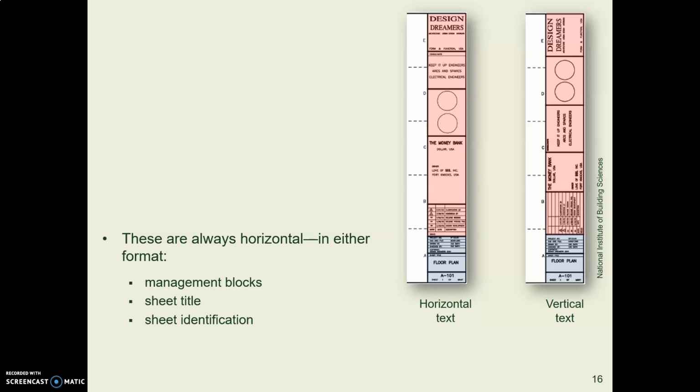There are, however, several blocks that have to be horizontal, whether you're going horizontal or vertical in the rest of it. Down here in the bottom, where you write who drew it and the date, and the title of the sheet and the sheet number, all of that has to stay horizontal no matter what you do in the rest of it, so that we can always read that right away when we pull a drawing out.